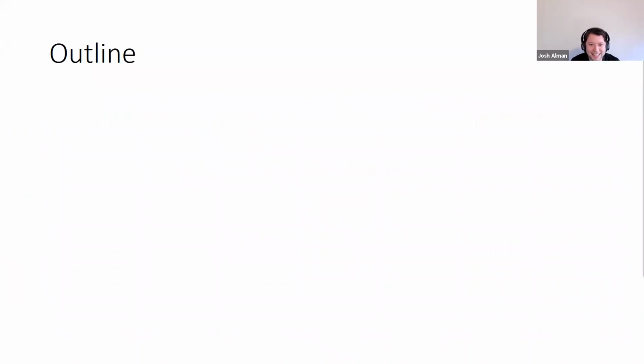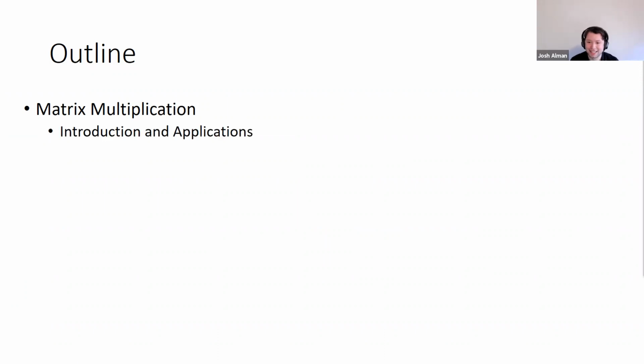Okay, so here's more specifically the outline. I'll start by introducing the problem of matrix multiplication, and I'll tell you about lots of different applications that it has throughout computer science. Then I'll get specifically into how matrix multiplication algorithms work, starting with Strassen's algorithm, and I'll tell you about some of the big ideas from the graph I just showed.